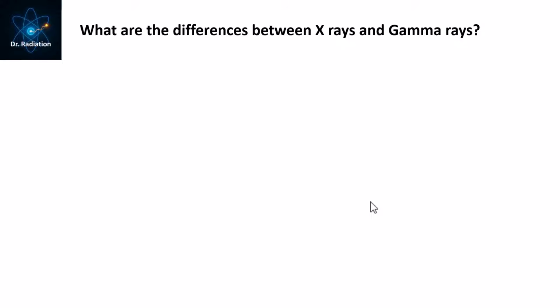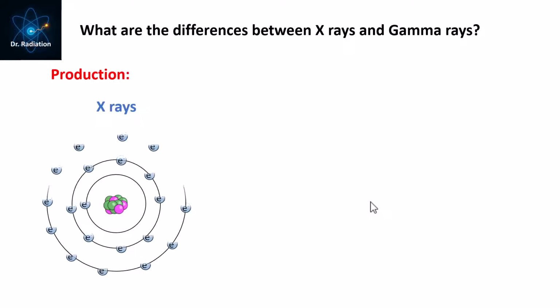Now, after knowing that they are both the same in nature, let's talk about how they are produced to know about their differences. X-rays can be produced from an atom. You already know the atomic structure from high school physics or chemistry: we have a nucleus with neutrons and protons at the center, and we have orbital electrons, or atomic shells containing electrons, around the nucleus.